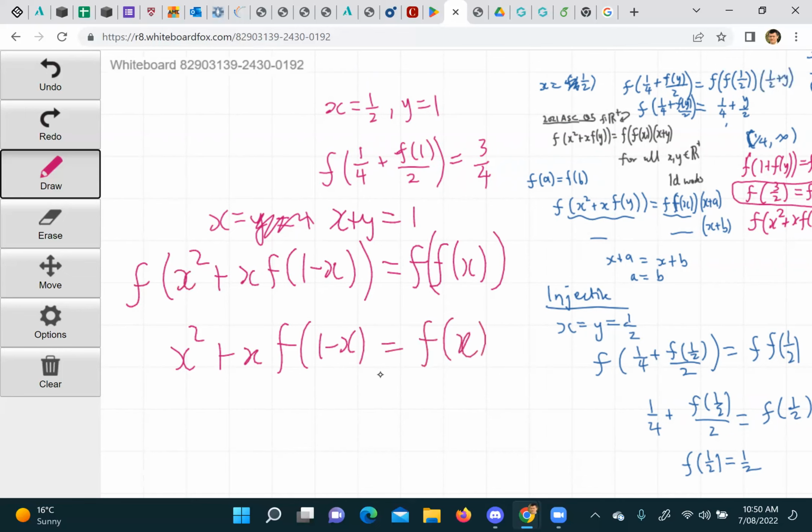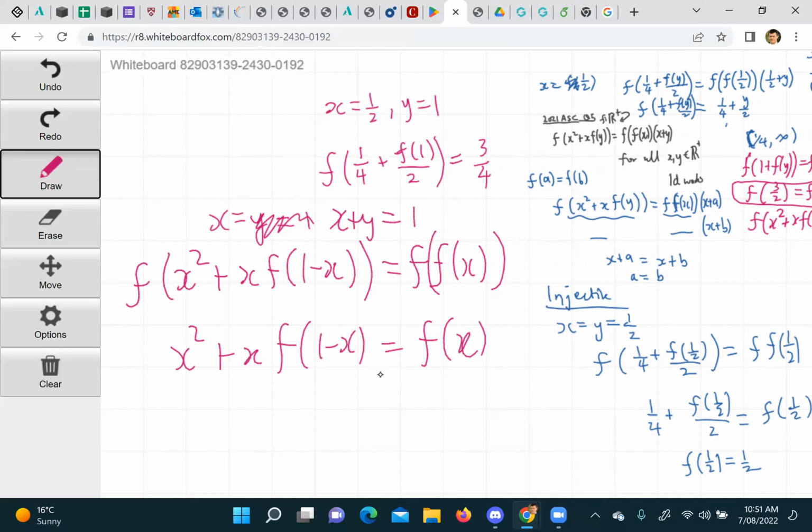Now I was trying to find f(3/4), because if you find f(3/4), you can find f(1) pretty easily, and we can do that at the end. You can substitute 1/4 and 3/4 and solve simultaneously, and you get a relation for f(3/4).